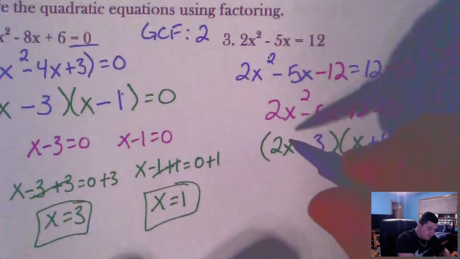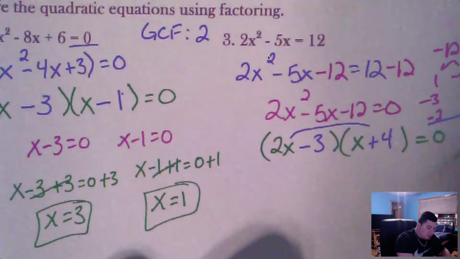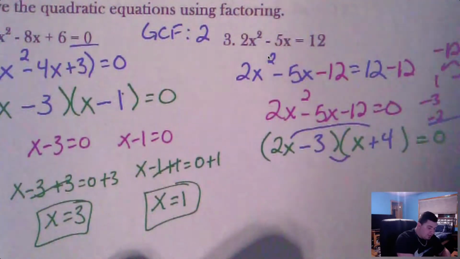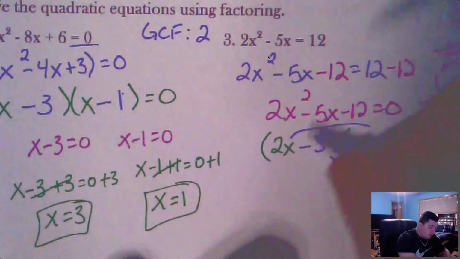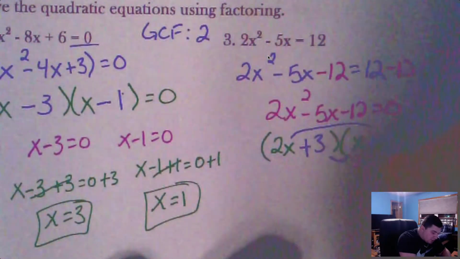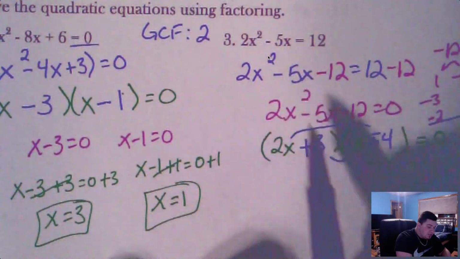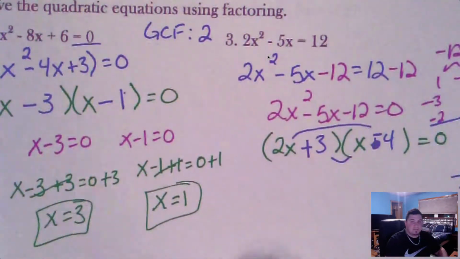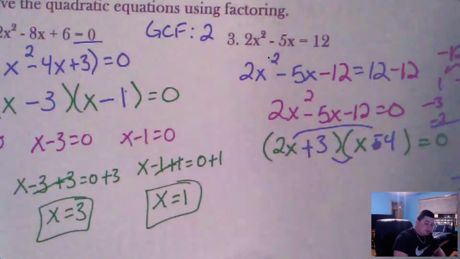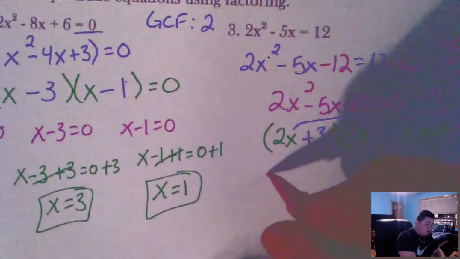Time to check. 2x times 4 is 8x. Negative 3x is a positive 5x. The right numbers, but I need to change my signs because I need a negative 5x. So now I'm going to set my factors equal to 0, now that we are correctly factored.